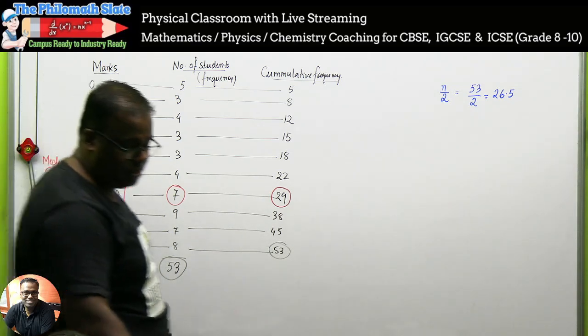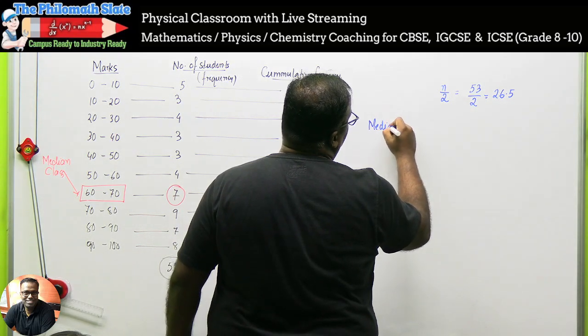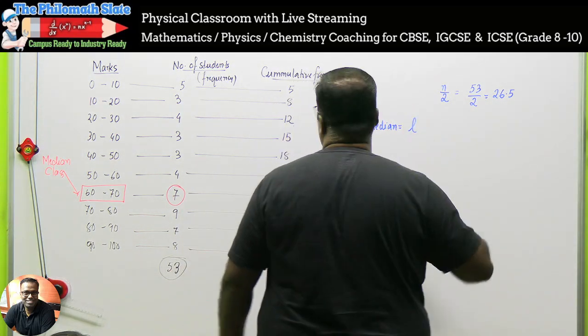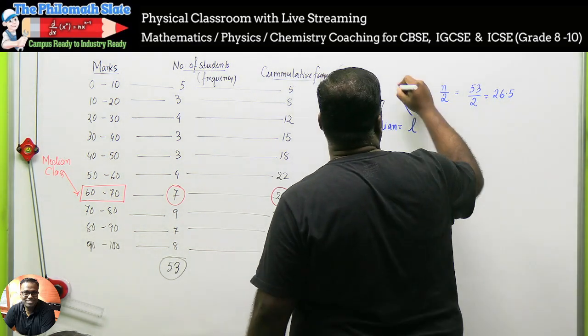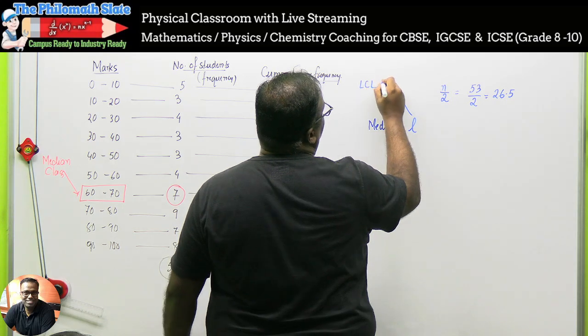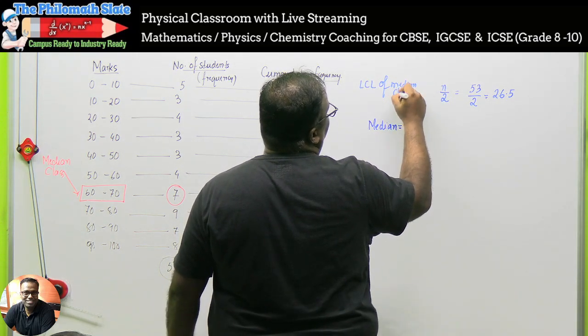तो आओ फॉर्मूला लिखना शुरू करते हैं with that same concept. Median. Our median will be equal to the L. L means we'll have the lower class limit where we will say L is the LCL of median class. Same funda.